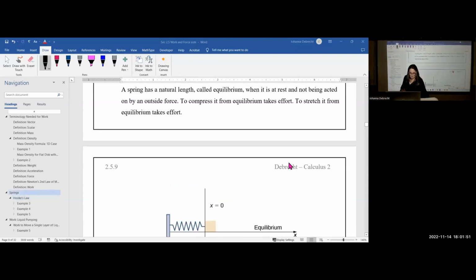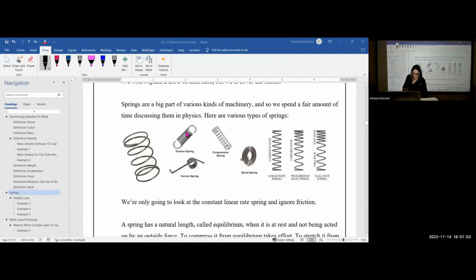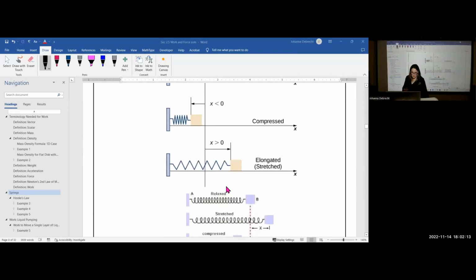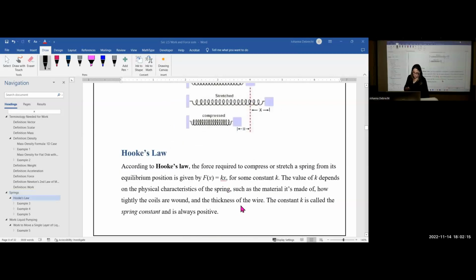So remember when we were looking up here at the tension spring, these are very tightly wound, whereas on this one, the compression spring, it's much more loose. It's going to be easier to pull this apart than it will be to pull this apart. And then the diameter of the coil itself affects how easily it's going to be compressed or stretched as well.